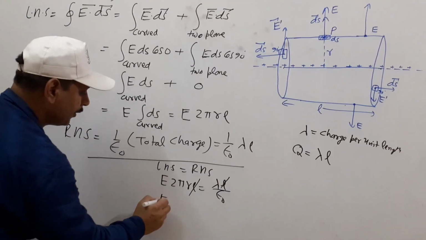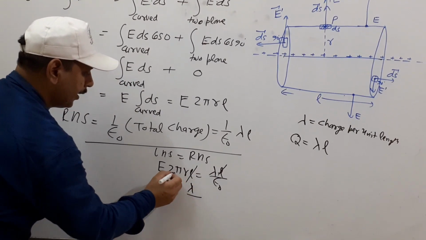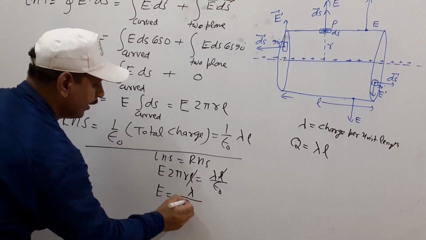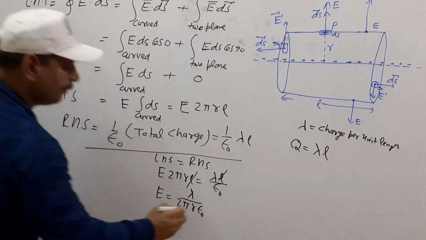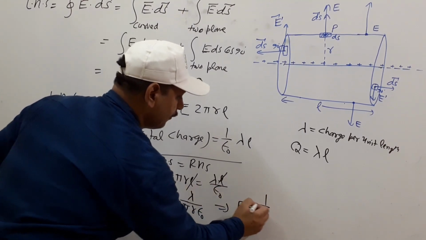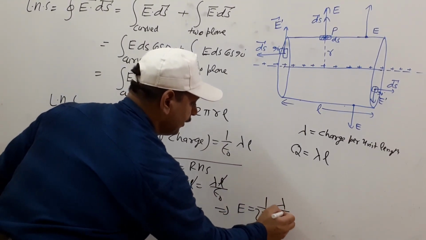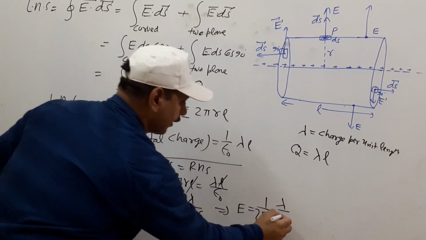L L cancel out. E is equal to lambda upon 2 pi R epsilon naught. E is equal to 1 upon 2 pi epsilon naught lambda upon R.